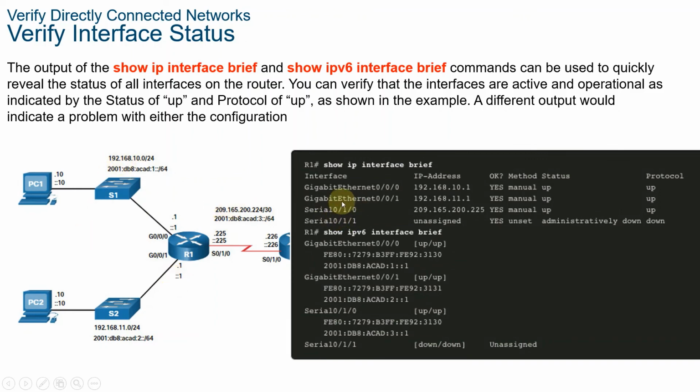Now the output of the show ip interface brief and show ipv6 interface brief commands here. Take note that it displays the interface, the IP address assigned, the status, and the protocol status also. That is good for IPv4 and IPv6. This command is very useful, especially when doing troubleshooting.